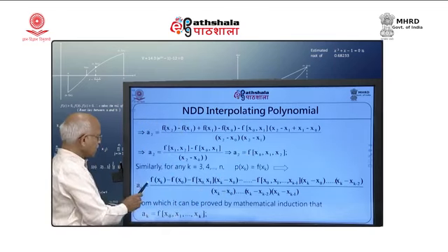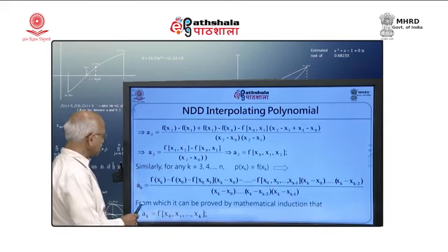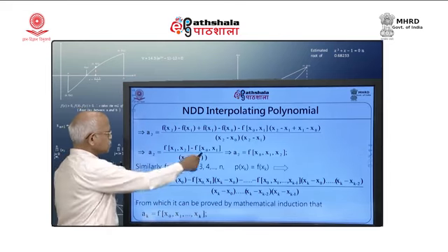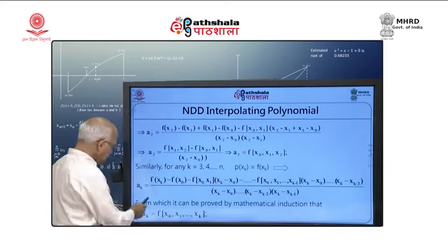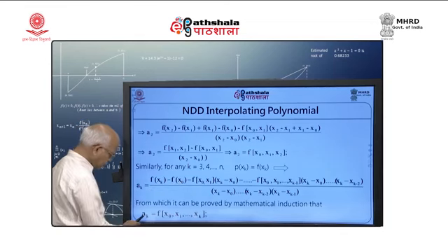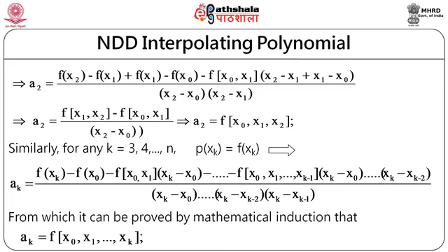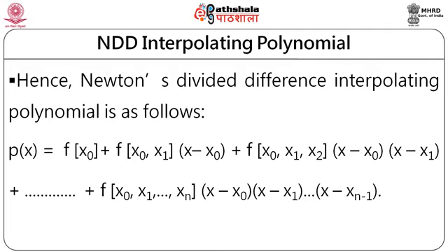So, likewise, I will get all the coefficients a 0, a 1, a 2, a 3 up to a n, and finally, I will get in general a k as f[x0, x1, x2, ..., xk], the kth difference on the k plus 1 nodes x0 to xk, and using all this I get my Newton's divided difference interpolating polynomial as follows.